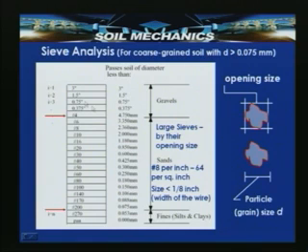So, here in the sieve analysis what you have seen is a stack of sieves with varying sizes to segregate the particles ranging from 3 inch to 0.053 mm size. With this we will be able to segregate gravels, sands and fines, which include silt and clays.